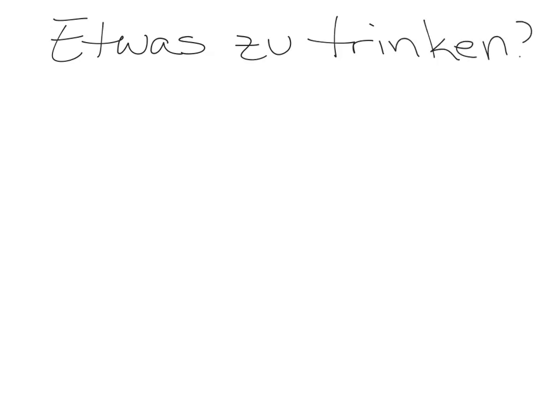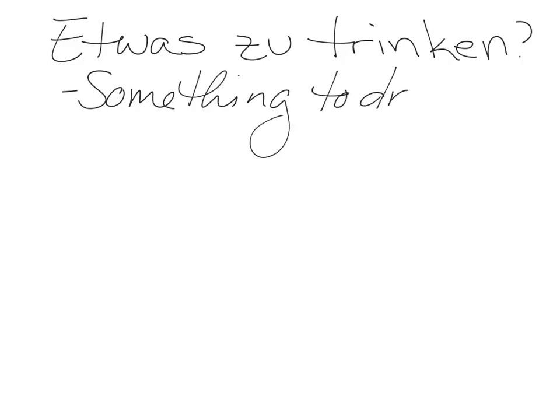Try that. Etwas zu trinken. Something to drink. If you're going to change that to be something to eat, what would that sound like? Zu essen. Good. Etwas zu essen. Good.